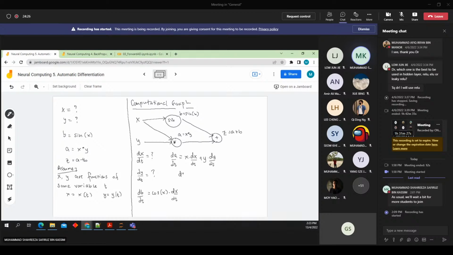And then you have dz of dt equals dA of dt plus dB of dt. So this is what we want to compute in our forward pass. This expression is not complete yet. But before I go into this expression, right?